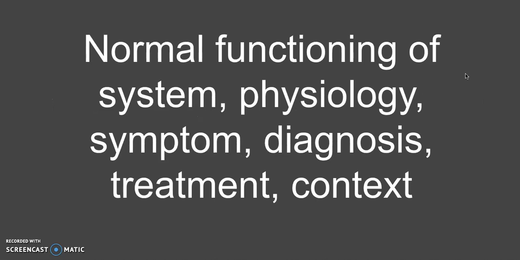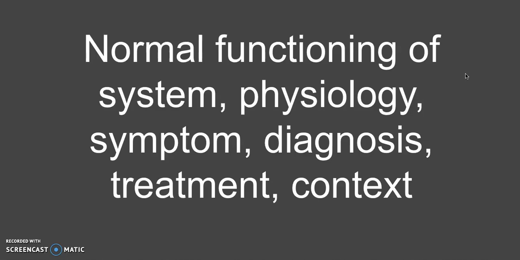So first, we need to know how a system normally functions. So in this case, we're thinking about how the pancreas and liver and tissue cells all interact with insulin and glucagon to create a stable sugar metabolism mechanism.